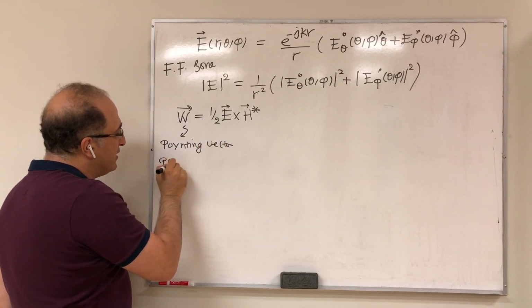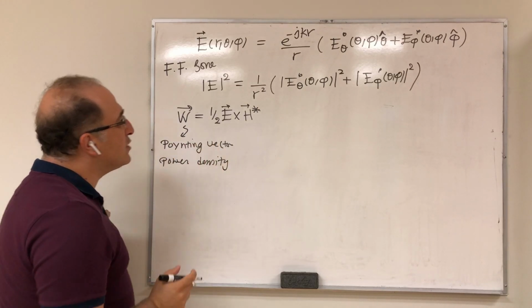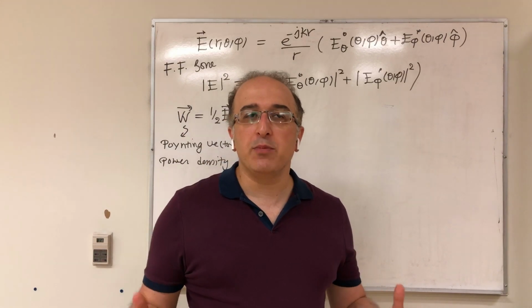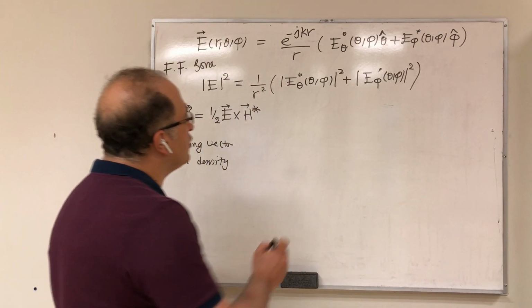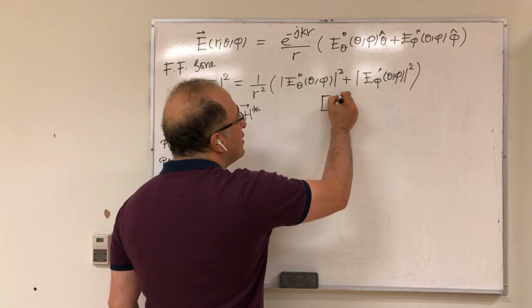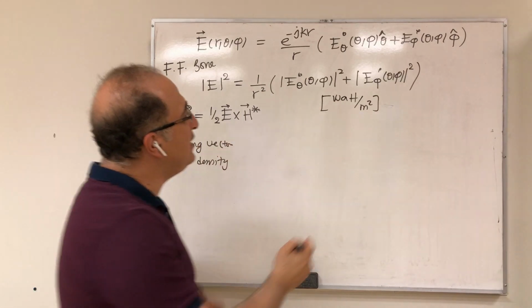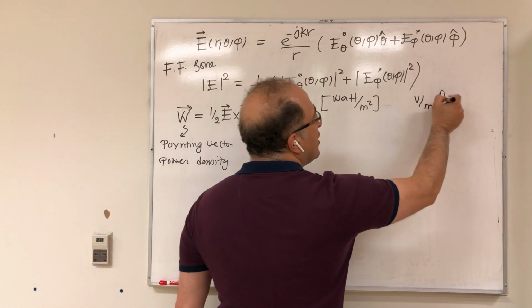This is a very important quantity. First of all, in terms of dimension, W is watt per meter squared. So this is the dimension of W, watt per meter squared.